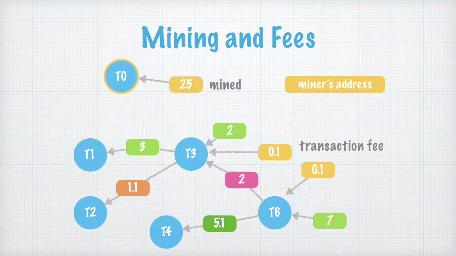Now, in principle, you can set this to whatever you want. You don't have to set it to anything. But this will mean that the miner, that is essentially the node that verifies transactions, has no incentive to verify your transaction.